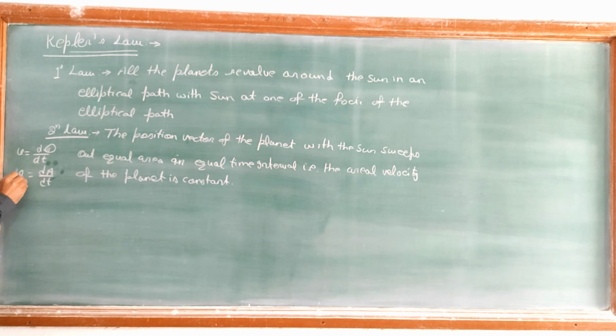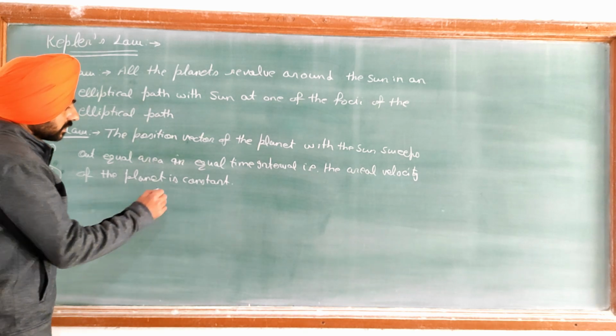So this velocity is the areal velocity, the change in area with respect to time, that means the area covered per unit time, which is always constant.